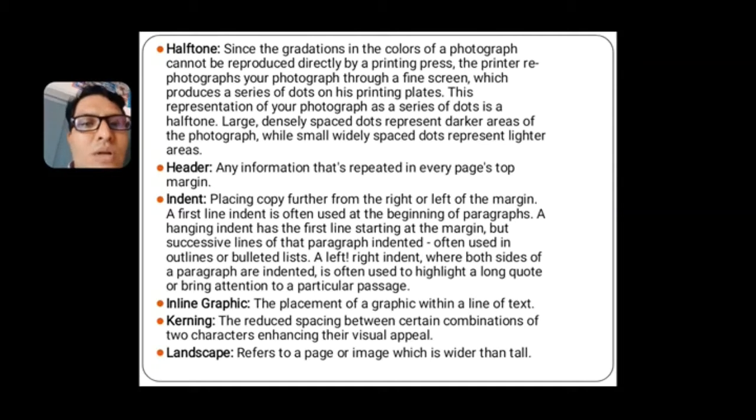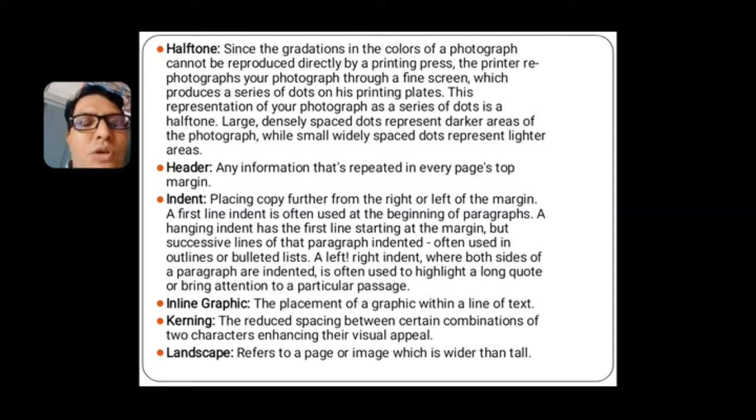And next our terminology is landscape. Landscape refers to a page or image that is wider than tall. As we know, it is one of the orientations of your page, either portrait or landscape. Portrait means vertical. Landscape means horizontal.